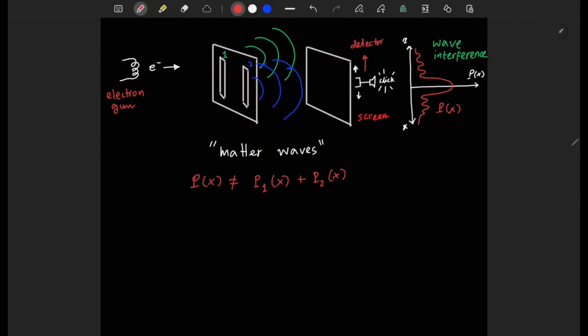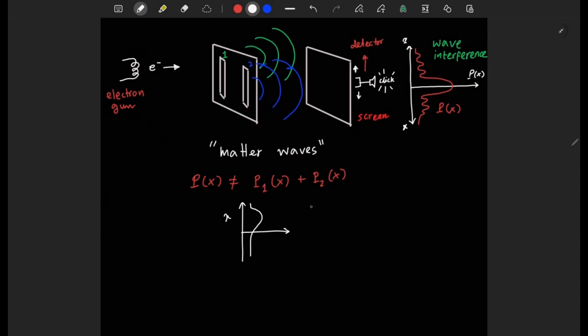Those are no longer equal, because for slit 1 you would get a distribution that looks like this, let's use white.